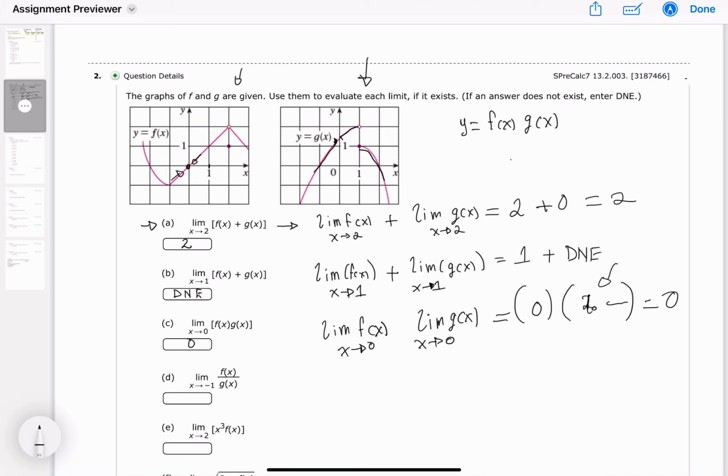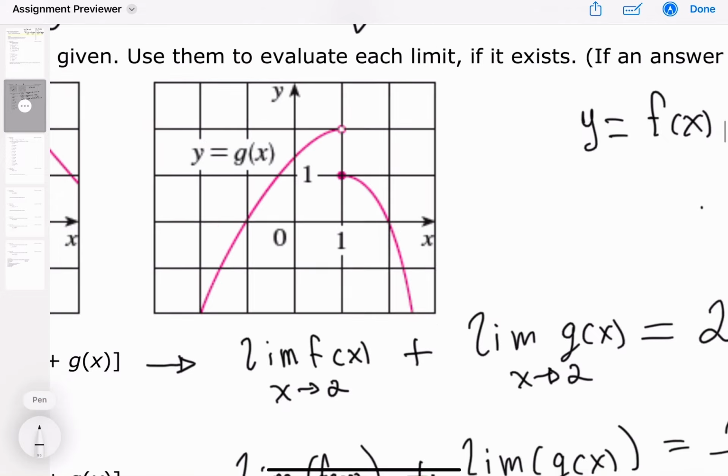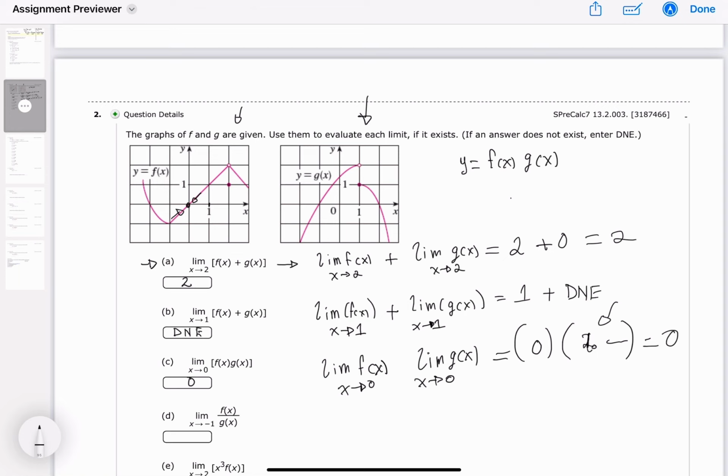So here the limit is 0. And actually if you take a look at the graph, it's very hard to tell what that value is. Like here, is it 1.3? Is it 1.5? It's hard to tell because it doesn't matter, because any number multiplied by 0 is 0.